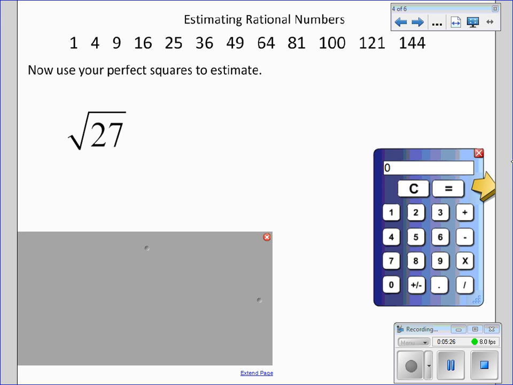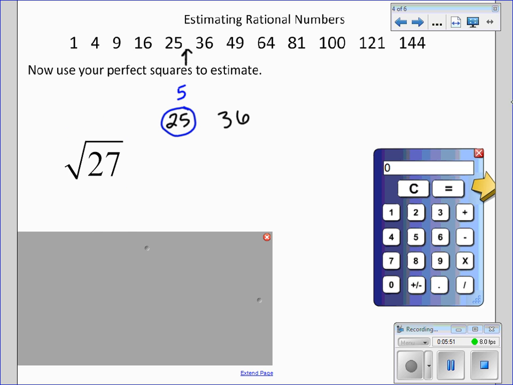Well, we need to find which perfect square it falls in between. 27 would fall in between 25 and 36, and 27 would be closer to 25. And the square root of 25 is 5. So we're going to say that the square root of 27 is approximately 5.